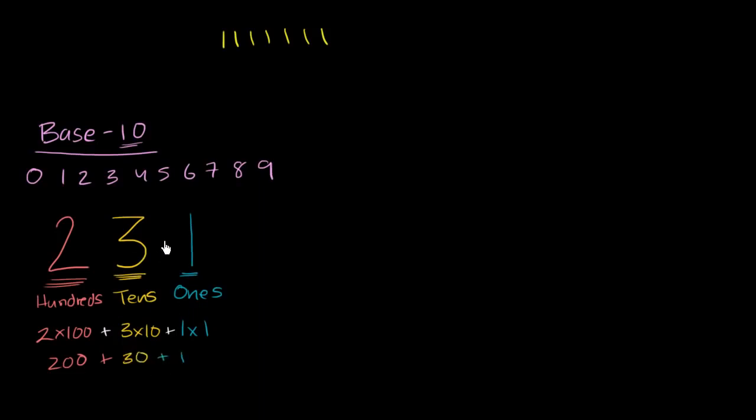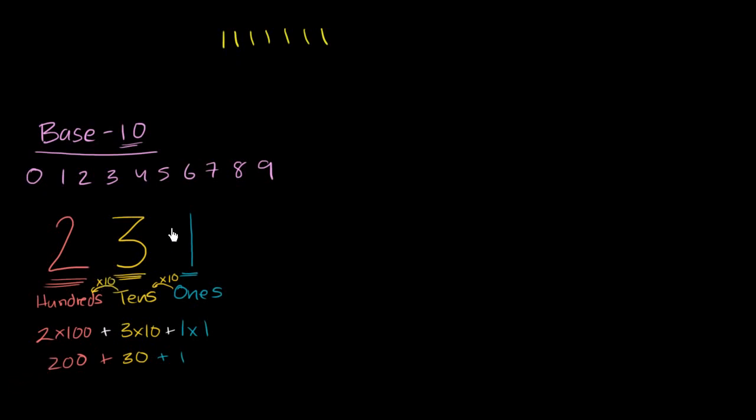And in our base 10 system, notice, every time we move to the left, we're thinking in bundles of 10 of the space to the right. So this is the ones place. You multiply by 10, you go to the tens place. You want to go to the next place, you multiply by 10 again. You get the hundreds place.